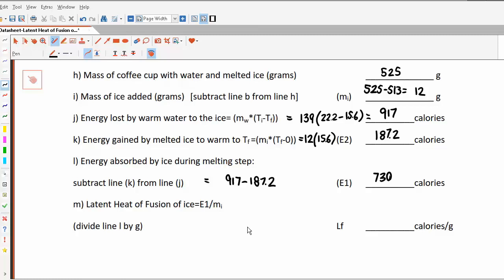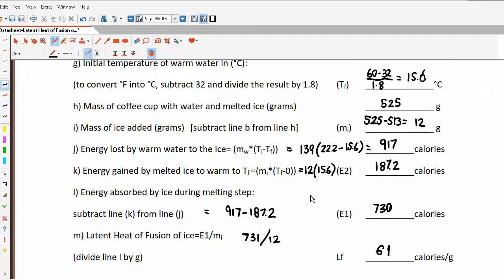If I divide now this quantity, which is the energy absorbed by the ice during the melting step, by the mass of the ice, which was 12 grams, I get my estimate for the latent heat of fusion of ice from my experiment, and I got 61 calories per gram.